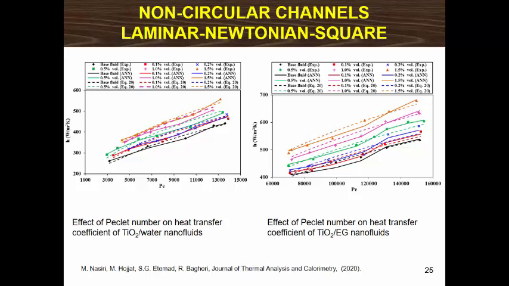The results of various studies show that correlations related to conventional heat transfer fluids are not able to properly predict the behavior of nanofluids. So, two multi-layer feed-forward artificial neural network models were developed according to experimental data. Two empirical correlations were also fitted on the data. Figures depict the heat transfer coefficient of nanofluids obtained from the experiments, and also the values predicted by ANN models and the empirical correlations as a function of Peclet number.